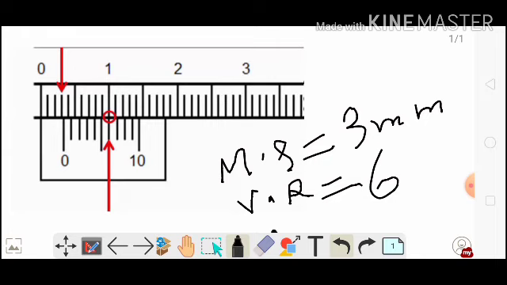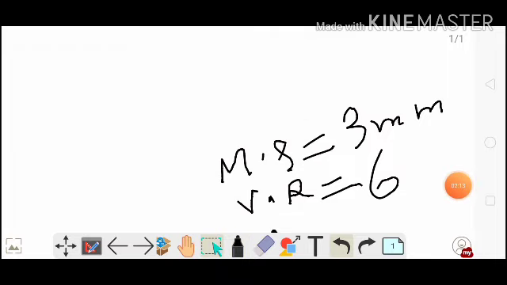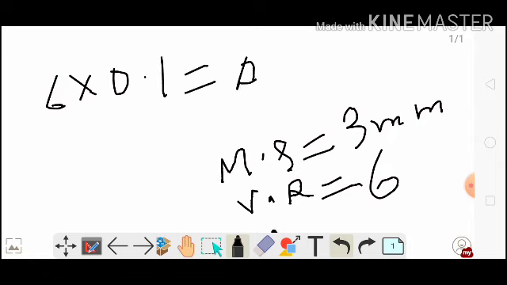Now to calculate the diameter or the length of the object, just multiply the least count with the vernier reading and add it to the main scale reading. The least count was 0.1 mm, so 6 multiplied by 0.1 gives you 0.6 mm, and the main scale reading is 3 mm.